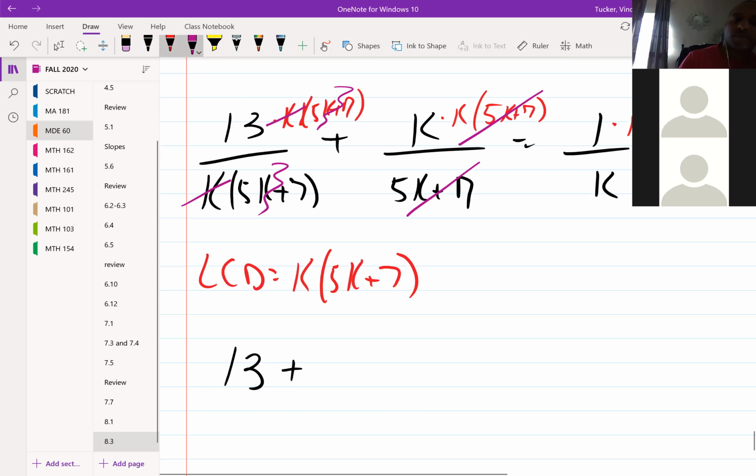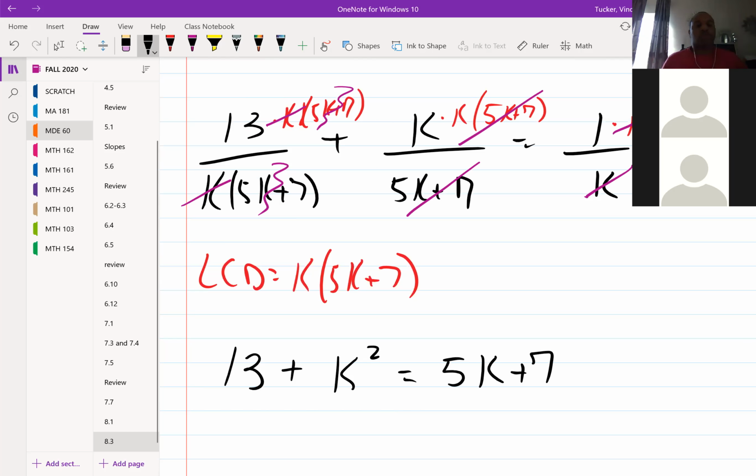It only leaves me with 13 over k. Did you say 13 over k? No, the k canceled out as well. 13 times k(5k plus 7): both k's cancel out, 5k plus 7 cancels out. That only leaves me with 13.